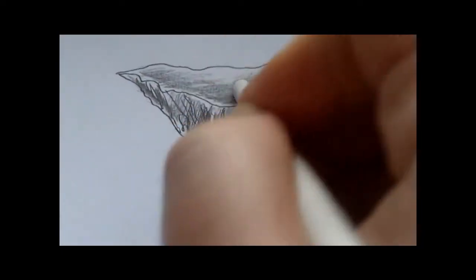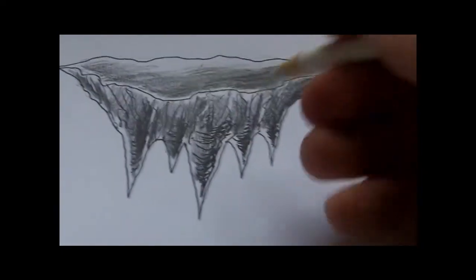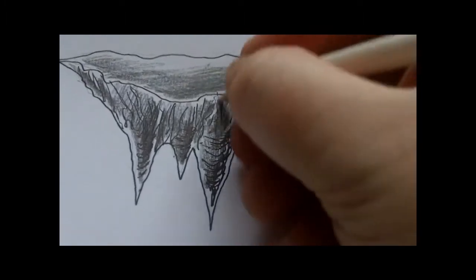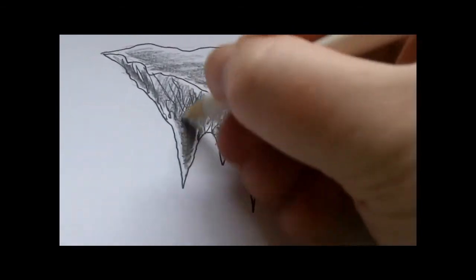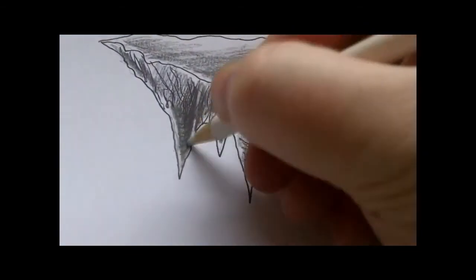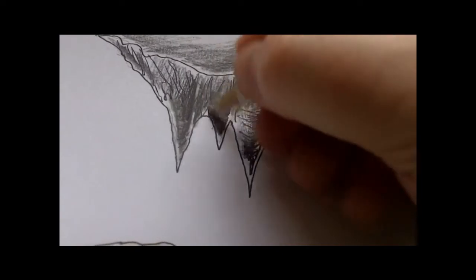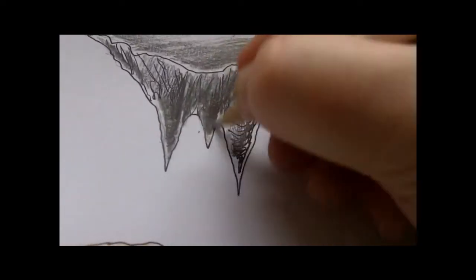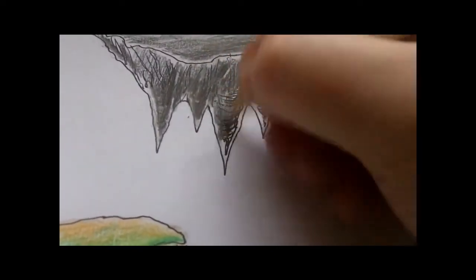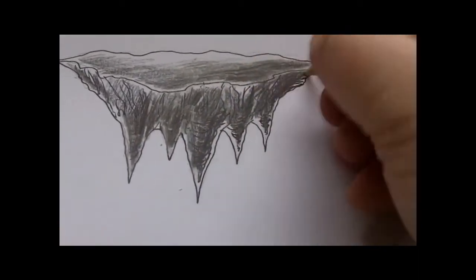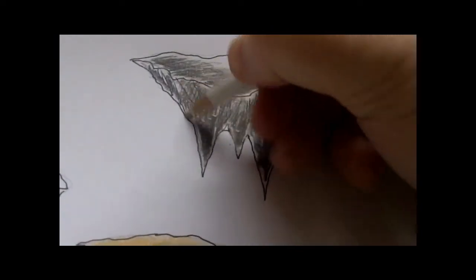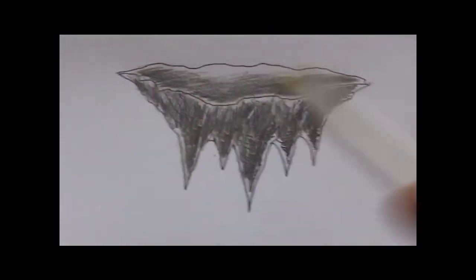I only had one left, so yeah, you can just use a white pencil crayon just to smooth some of the colours together. It's a good blending tool. So yeah, that's the idea with that one.